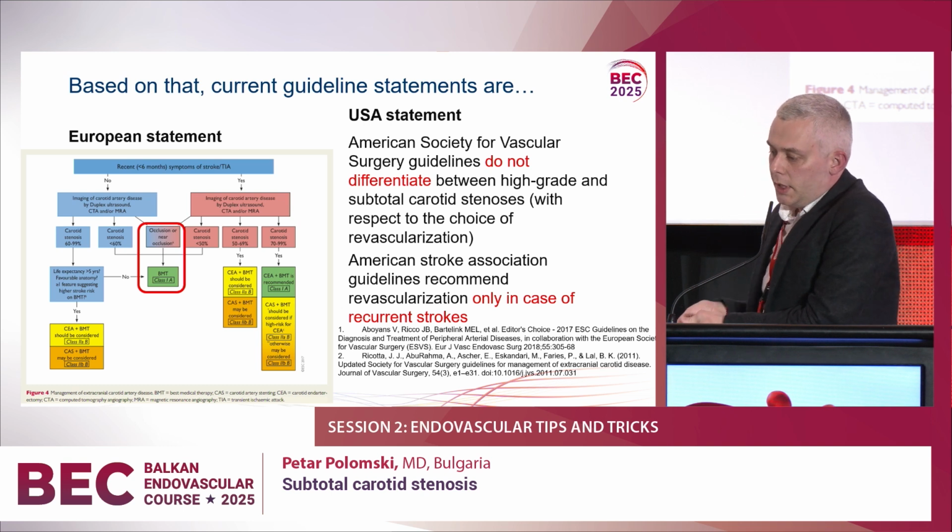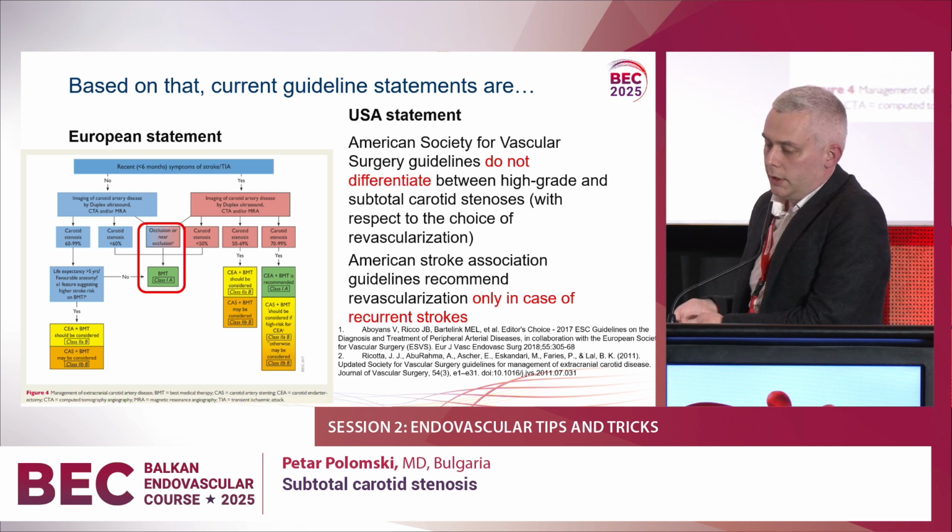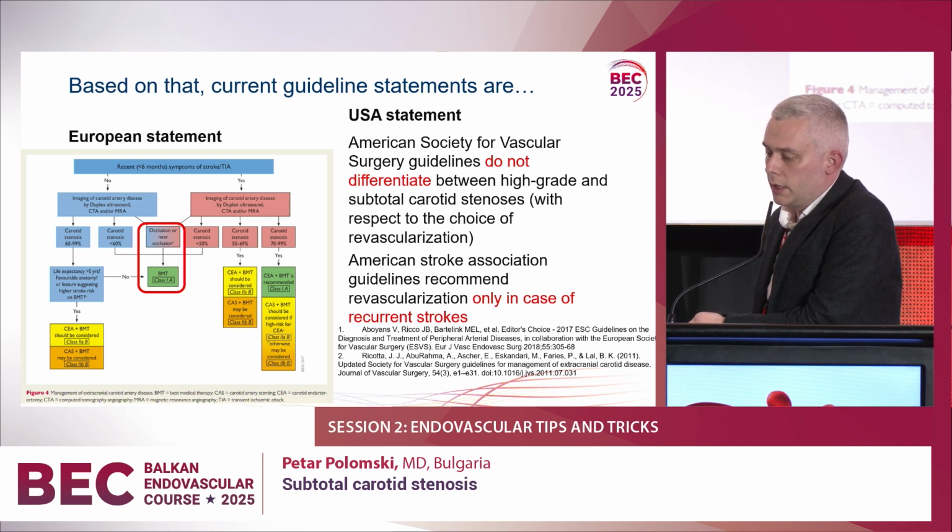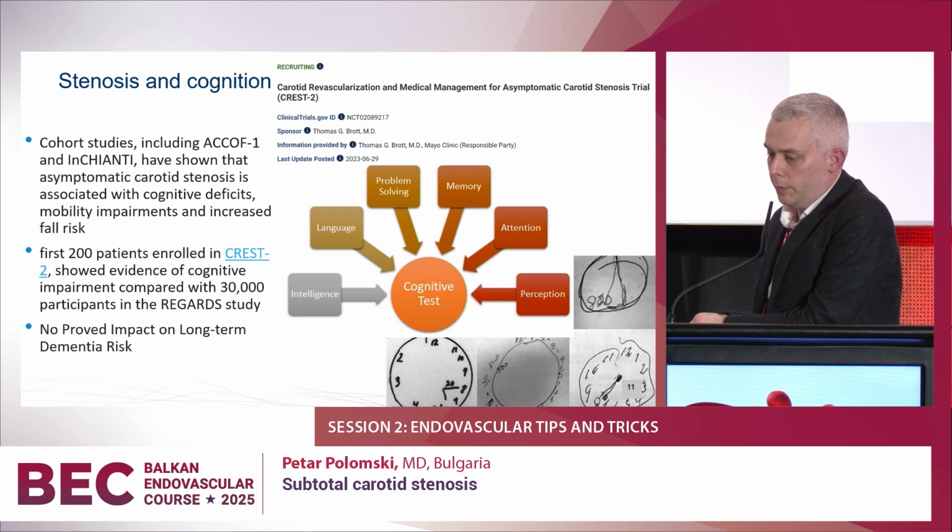The US statement is a little bit different. There is no differentiation between near occlusion and every high-grade stenosis, and the treatment, stenting or endarterectomy, is recommended only in case of recurrent stroke of the patient.